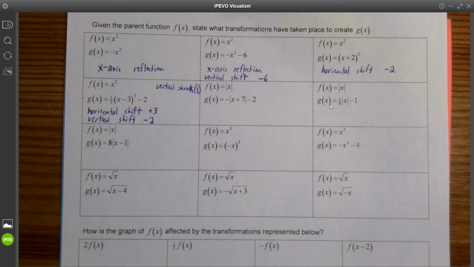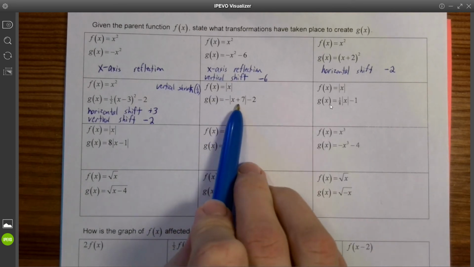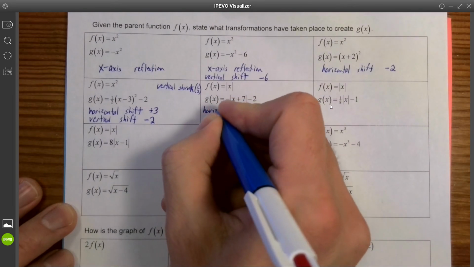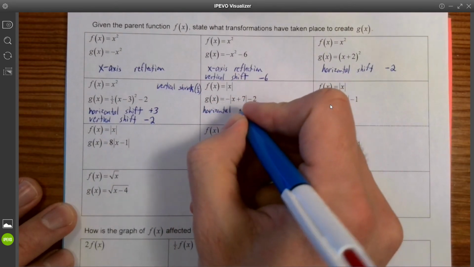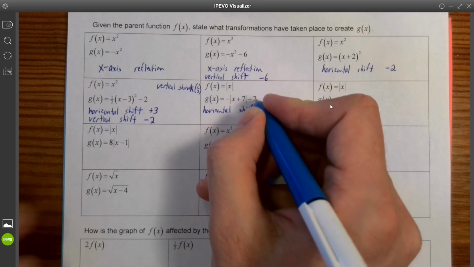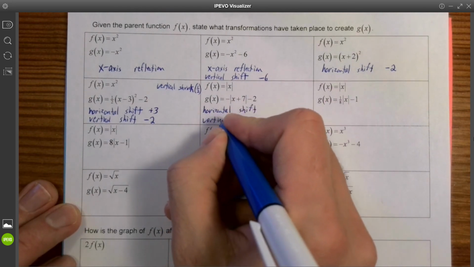And we'll start doing this without graphing them. This positive 7, this plus 7, is inside the absolute value bars. So that's going to be horizontal. It's a horizontal shift. This minus 2 is a separate term, and it is outside the bars. That's a vertical shift.